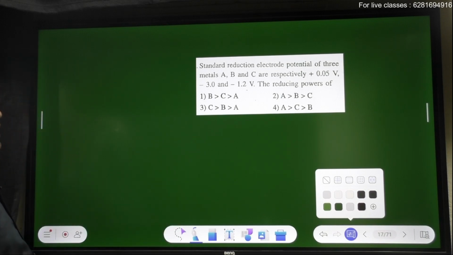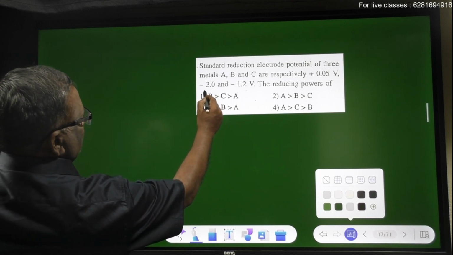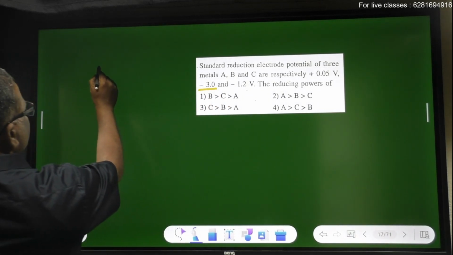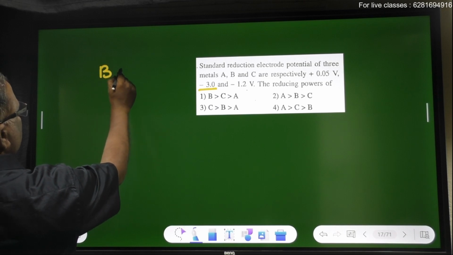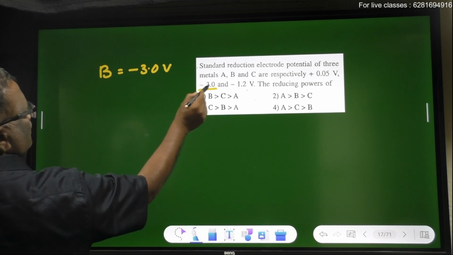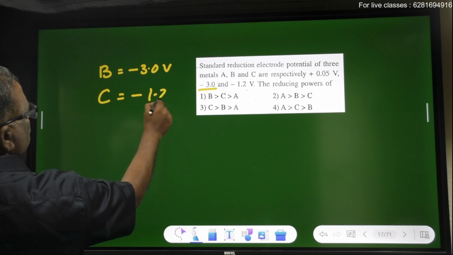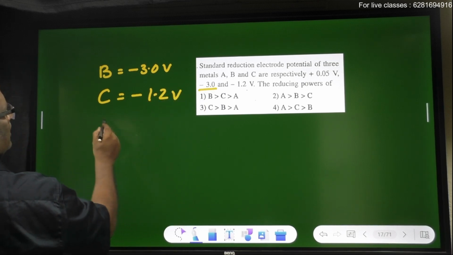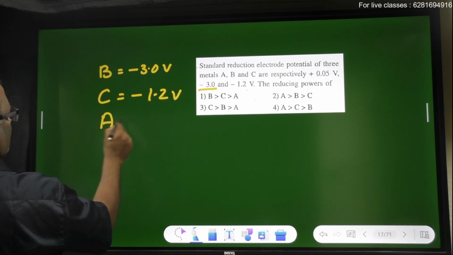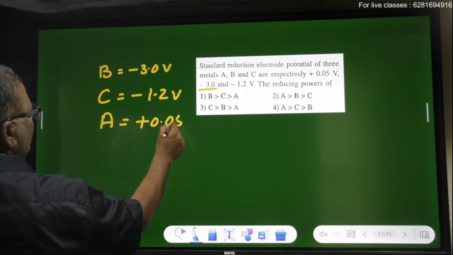Standard reduction electrode potential of three metals A, B, C are respectively: B is minus 3.0 volts, then C minus 1.2 volts, then A plus 0.05.